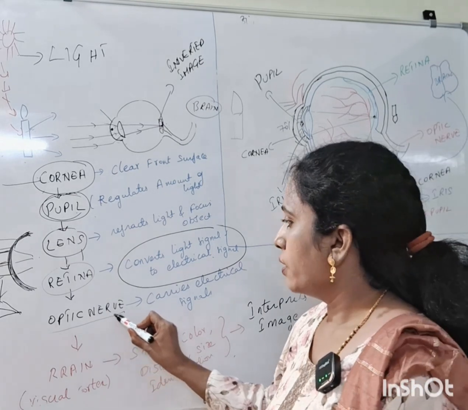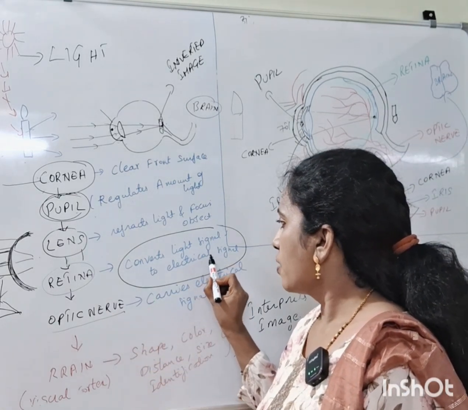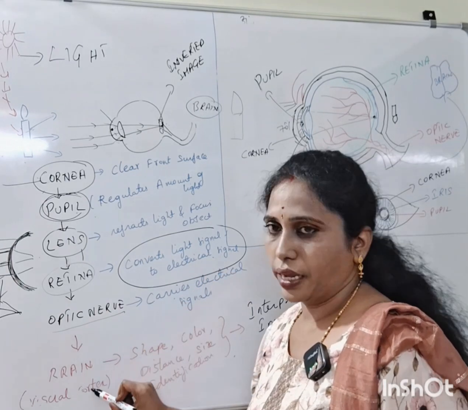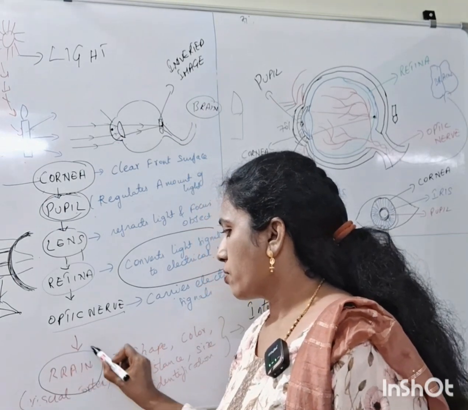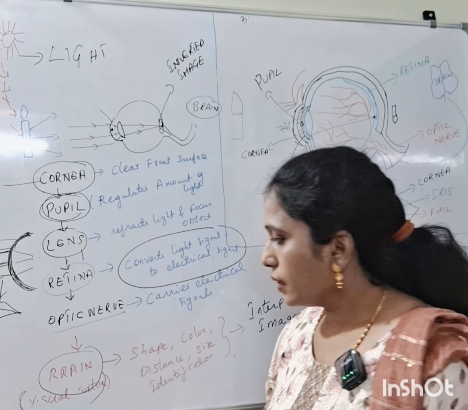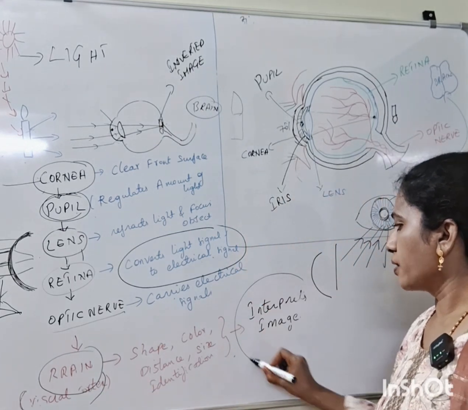So this optic nerve carries the electrical signals, converted from the light signals, to the brain. Okay, so whenever these electric signals reach the brain, there is an area called the visual cortex. In that area, the brain starts interpreting the image.